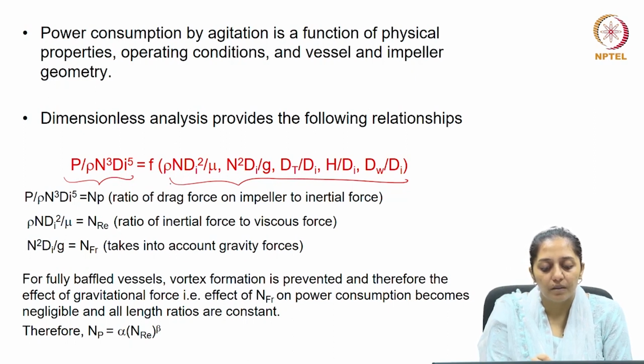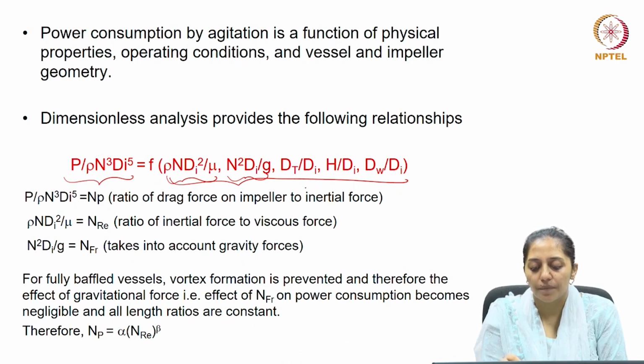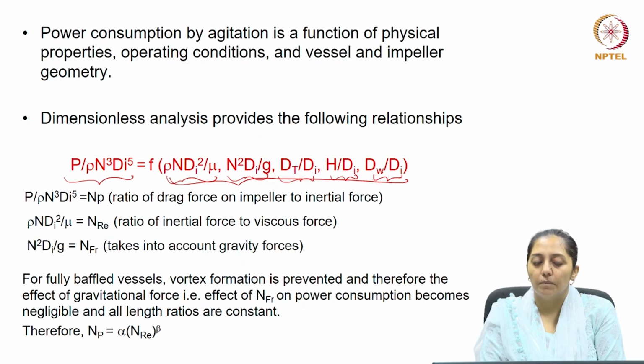Like the first dimensionless number is the impeller Reynolds number. Then the second one is your Froude number, which takes into account the gravitational forces. The Reynolds number, we all know, is the ratio of the inertial forces to viscous forces, and then the rest of these are relating the geometrical parameters to the power consumed.